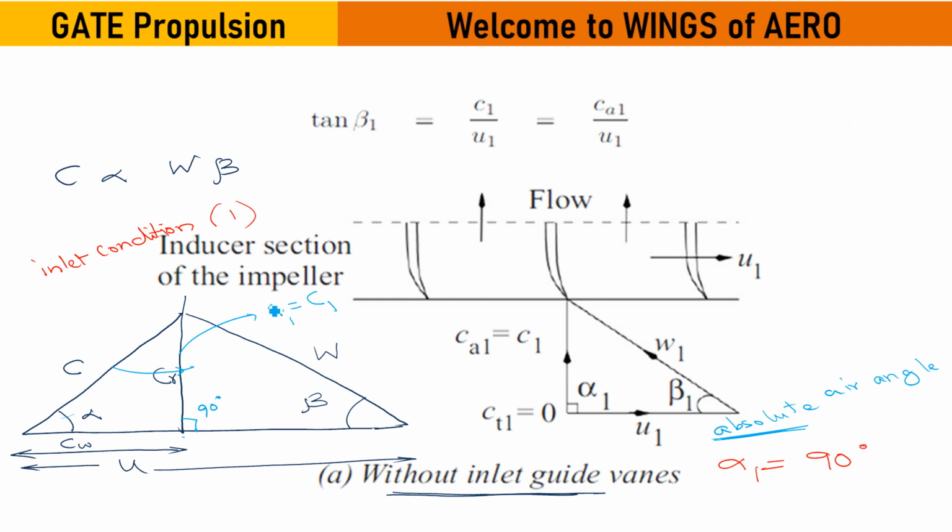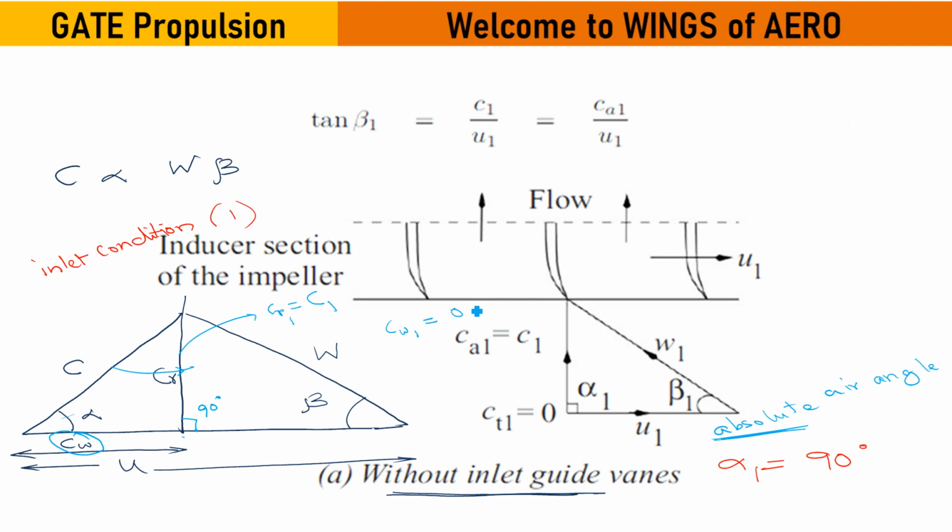Now if CR1 equals C1, then what will be the CW? It will not exist any longer. So for this without inlet vane, CW1 is going to be 0.